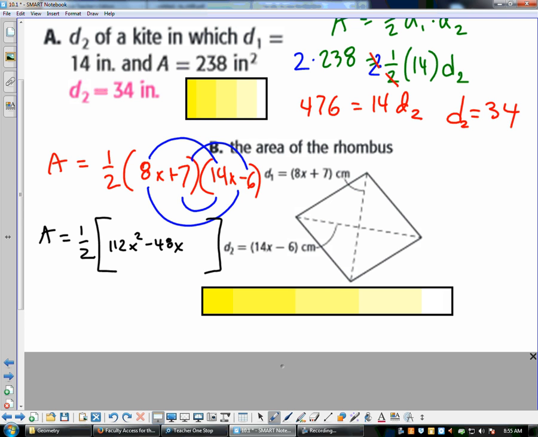How about those inner terms? What do we get when we multiply those, Anna? So I need a plus 98x. And then what about the last terms?